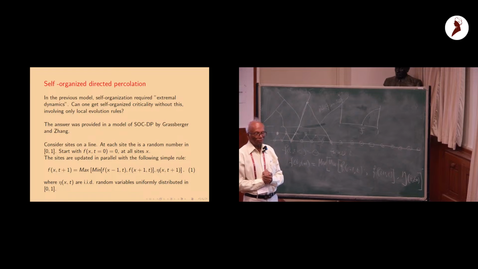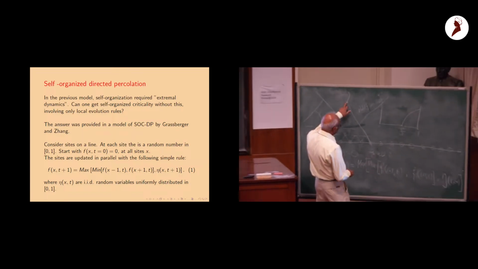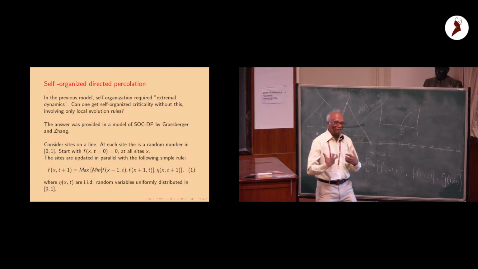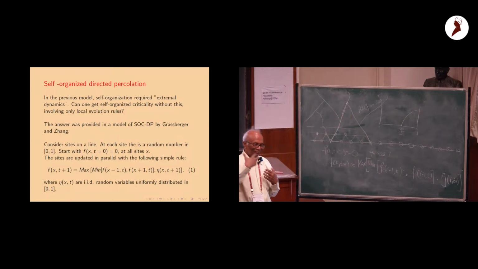And that will be called the optimal path. Okay? So from each site, there is an optimal path which goes below. And the value of f will be interpreted as the value of this optimal threshold.